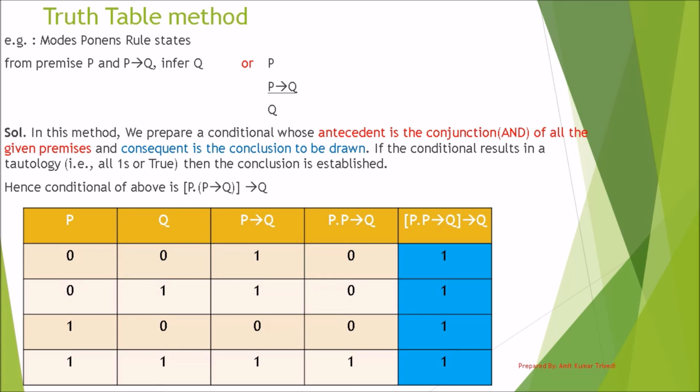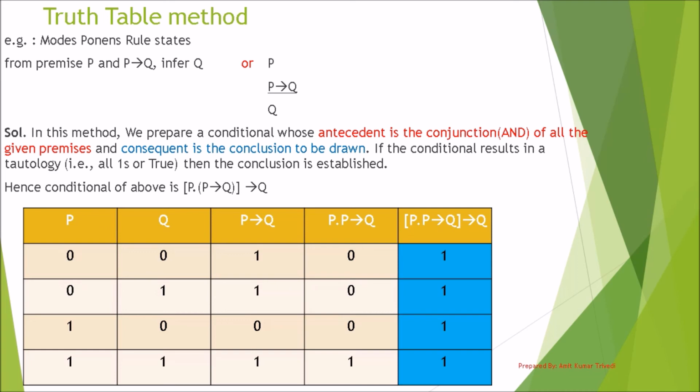For the rest of the combinations we can write 1. Now we see the conjunction of both. For conjunction we all know that if any of the inputs is 0, the output will be 0. That's why for the first three rows we are writing 0 and for the last row we are writing 1.